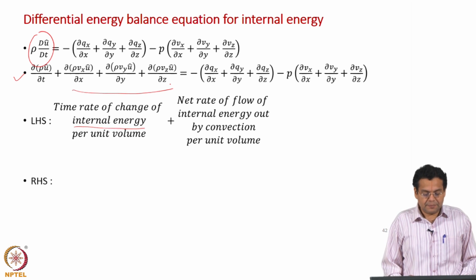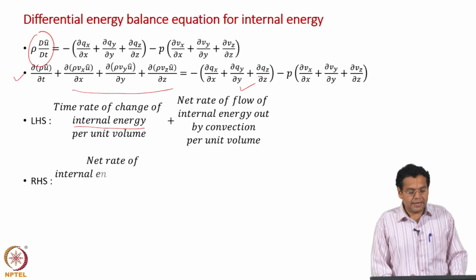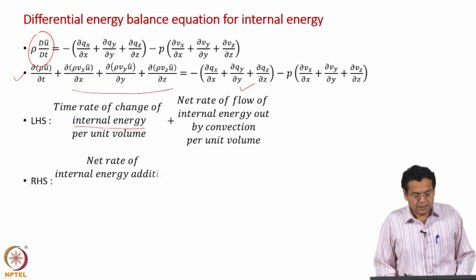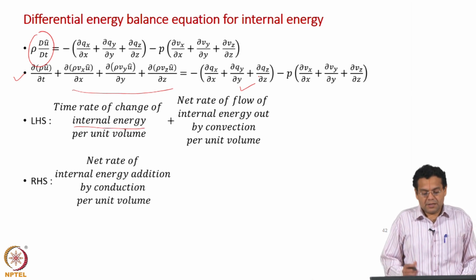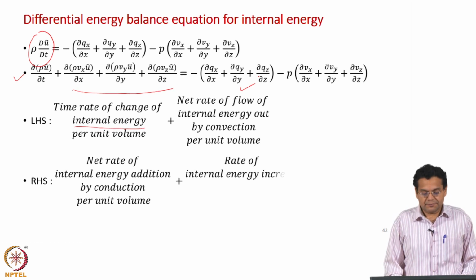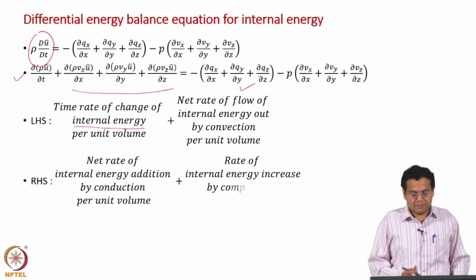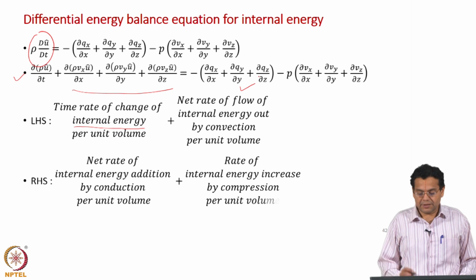Right hand side, we are familiar with this term, net rate of internal energy addition by conduction. What it tells you is, because of conduction, or because of heat input, there is an increase in internal energy. That is very much understandable.